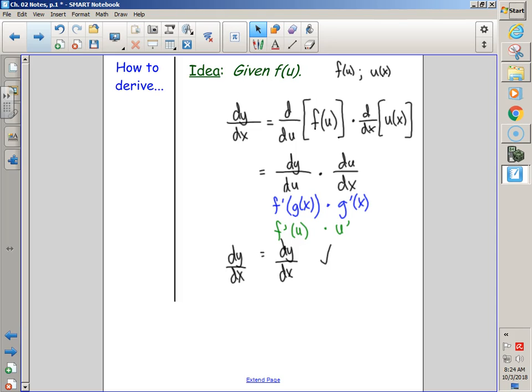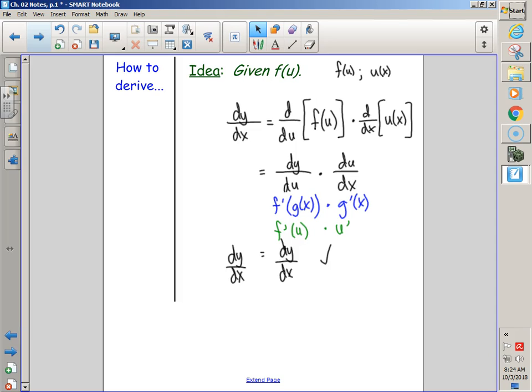So if you have an f of g of h, what's that going to look like? F prime of g of h times, who would be next? G prime of h times h prime.